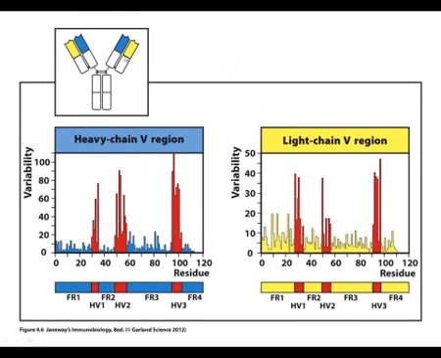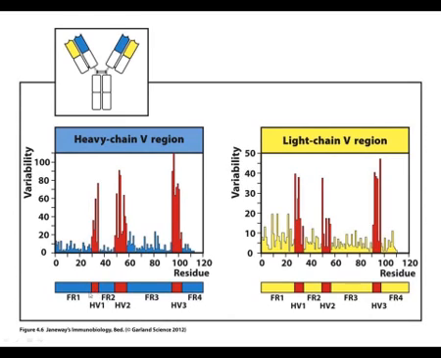Okay, so in this antibody binding region, this variable region, if you sequence the DNA, you find that there are 3 particular points that are highly variable. They're represented here by these red spikes.